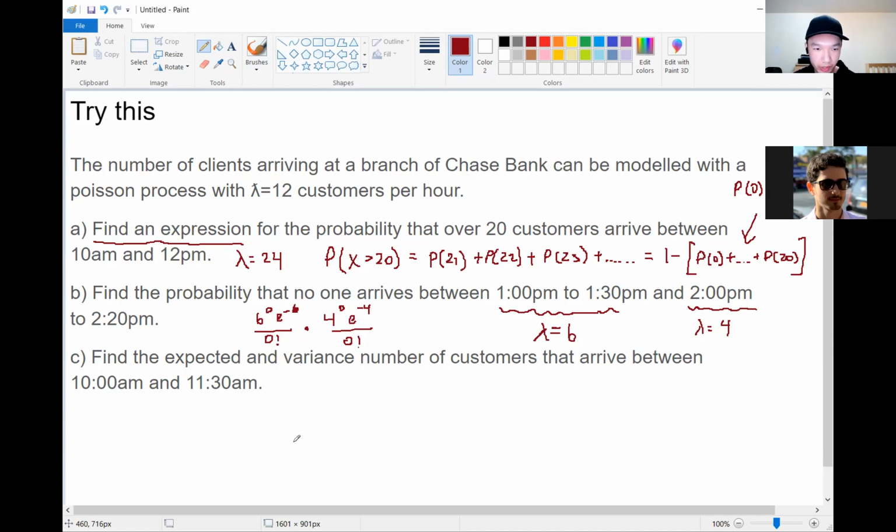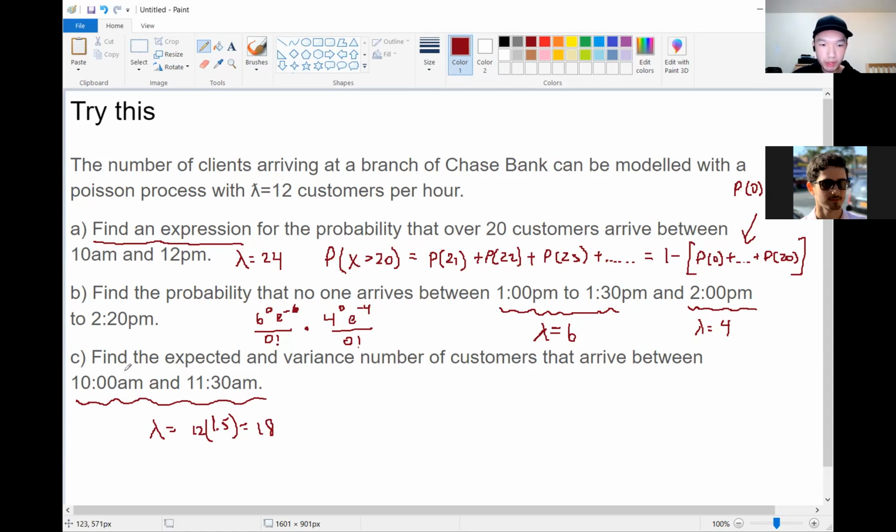Okay, and then part C says to find the expected value and variance of the number of customers that arrive between 10 and 11:30. So this is 1.5 hours, which means we have to scale lambda by 1.5, which is 18. Okay, so lambda here is 18. We already assume that this is a Poisson process.